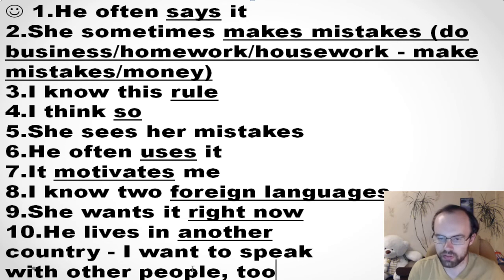So people means many, more than one. So other with other people. And I also hope that you remember that we usually put to between two verbs. So want to. I want to speak with other people too, or I want to speak English with other people too. So another before one and other with many or more than one. Good.